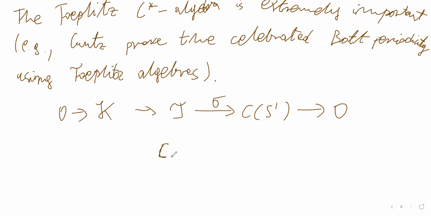Sorry, I was wrong. So this will be the Cohn path algebra of this graph, which is one loop, and this is the Leavitt path algebra of this graph, which is one loop. So when you complete this, you get Toeplitz. When you complete this, you get continuous functions on the circle.